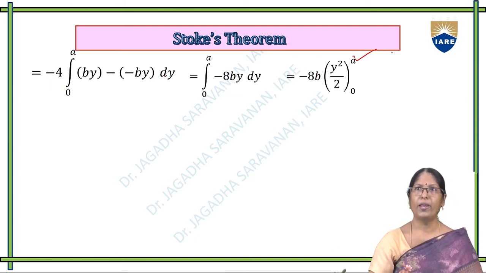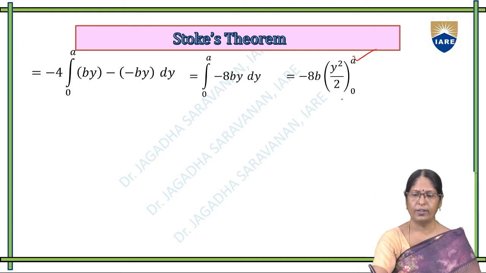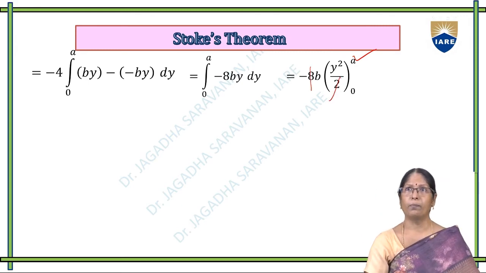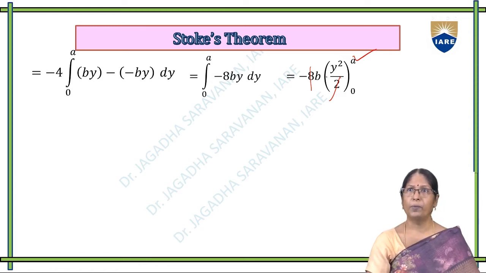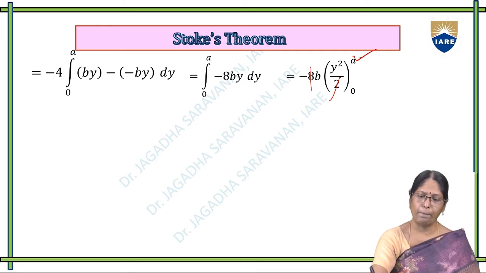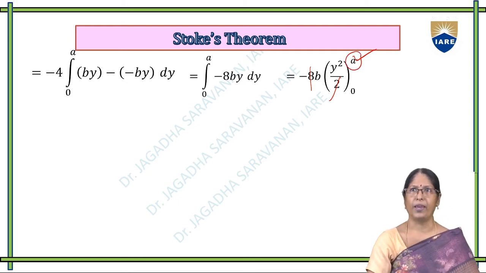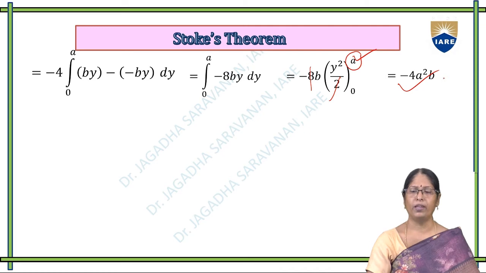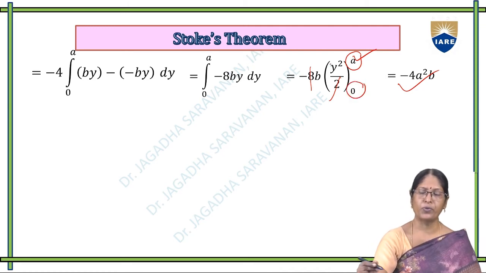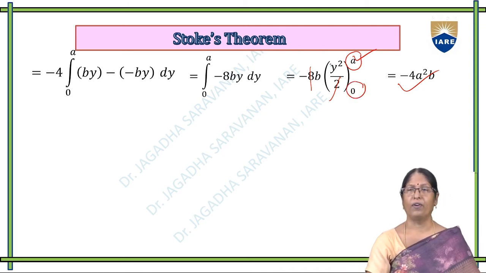Now before substituting y, we can simplify this, so it is becoming minus 4b. Now we will substitute in the place of y the upper limit value a. So when we substitute the upper limit value, it is becoming minus 4a square b. The lower one, if we substitute in the place of y, the value is 0. That is what we neglected.